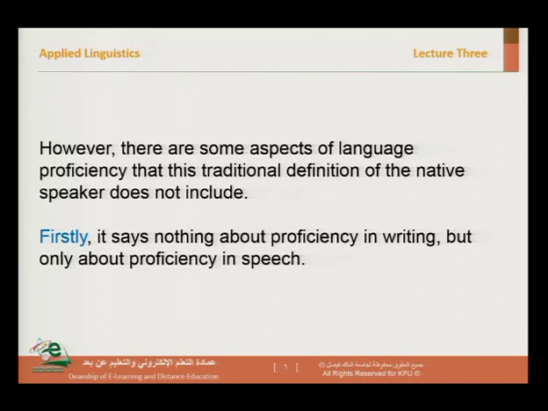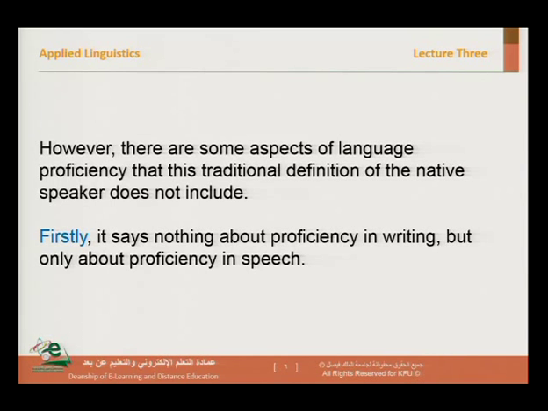Firstly, it says nothing about proficiency in writing, but only proficiency in speech. So, as a native speaker, according to the definition that we stated at the beginning of this presentation, you are proficient in speaking only. It does not say anything about writing. It says about your personal history.